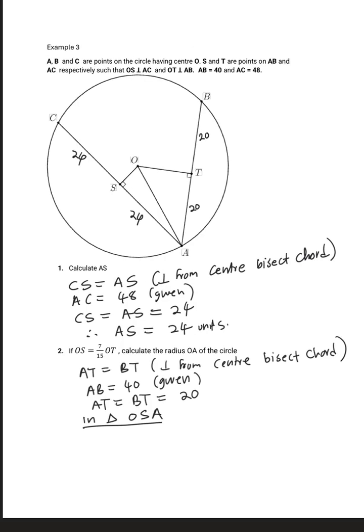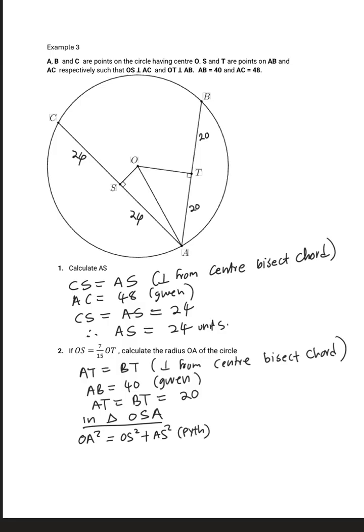And then now we can say that in triangle OSA, we have what? We have OA squared is equal to OS squared plus AS squared, and then we know it's Pythagoras theorem, right?